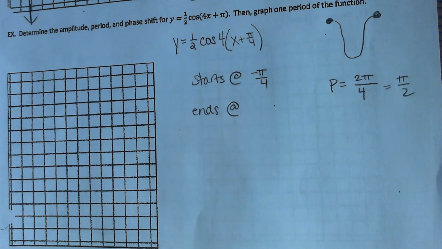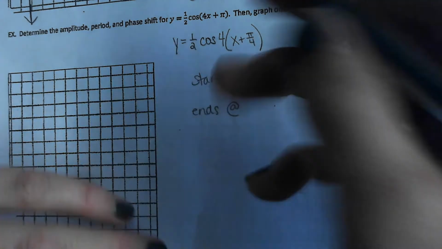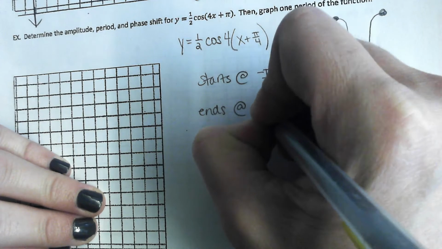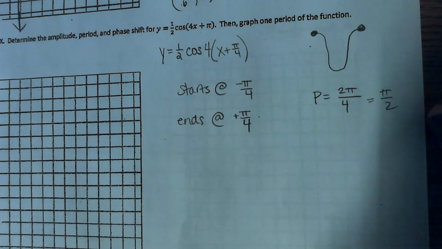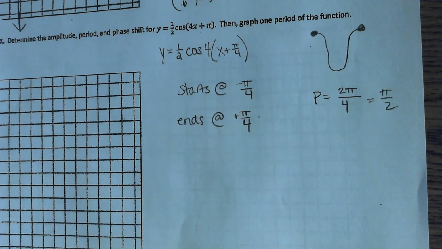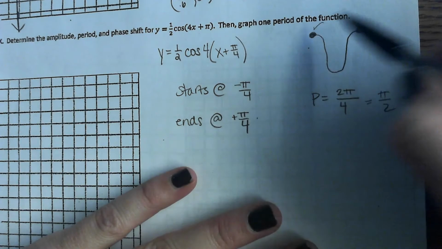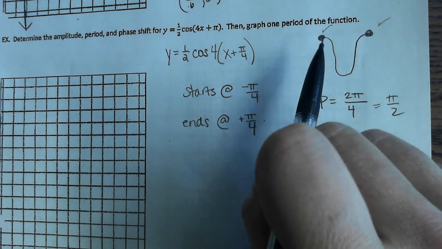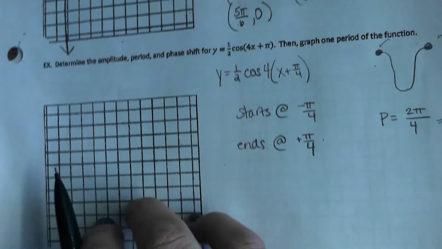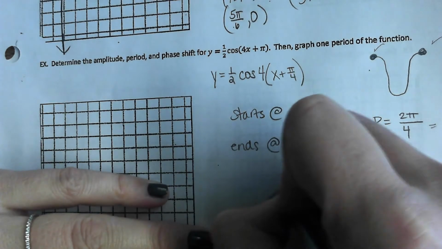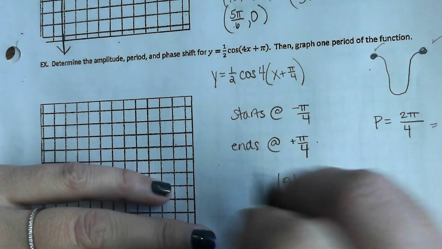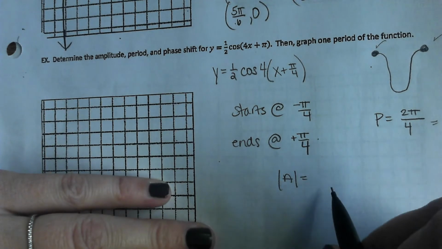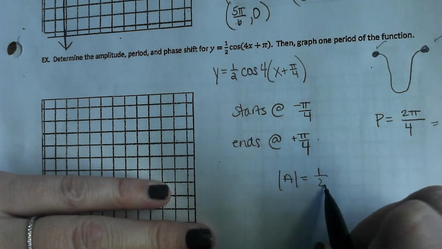Negative 1/4 plus 1/2 puts you at positive 1/4. And so that's this point and that point. And they have an amplitude of what, since we have to start at a maximum? John? What's the amplitude? 1/2.